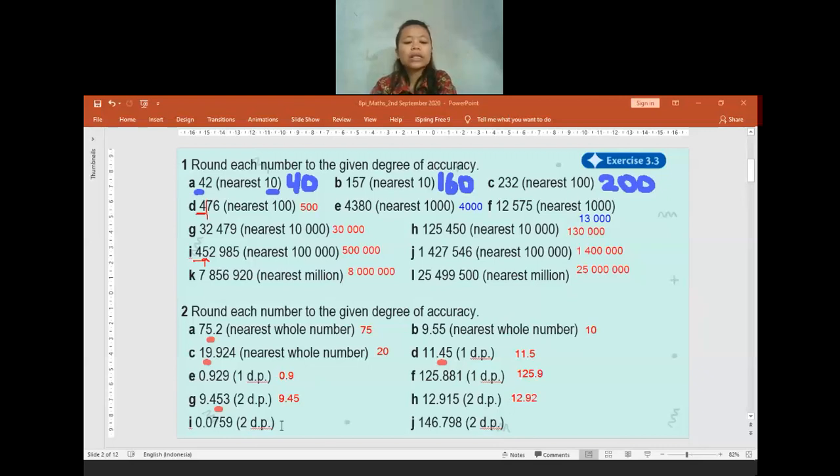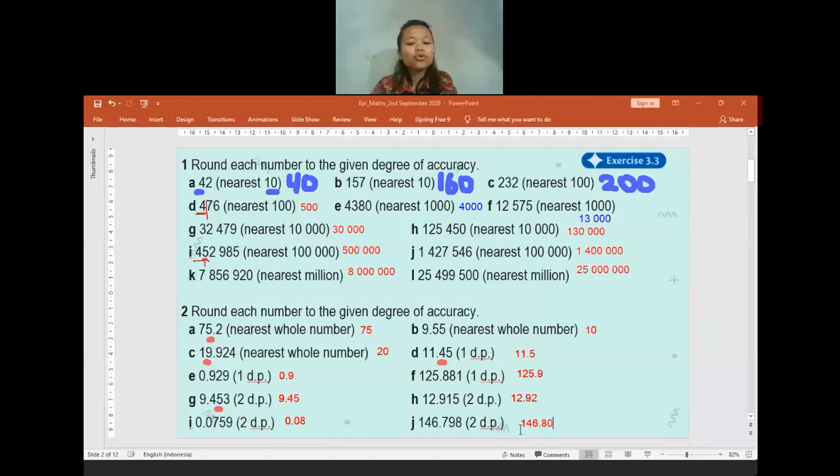For question I, if we round off the number to the nearest two decimal places, yes, it will be 0.08. The last question, how much will it be? It will be 146 point, how many? Two decimal places. So the 0, you have to write it.